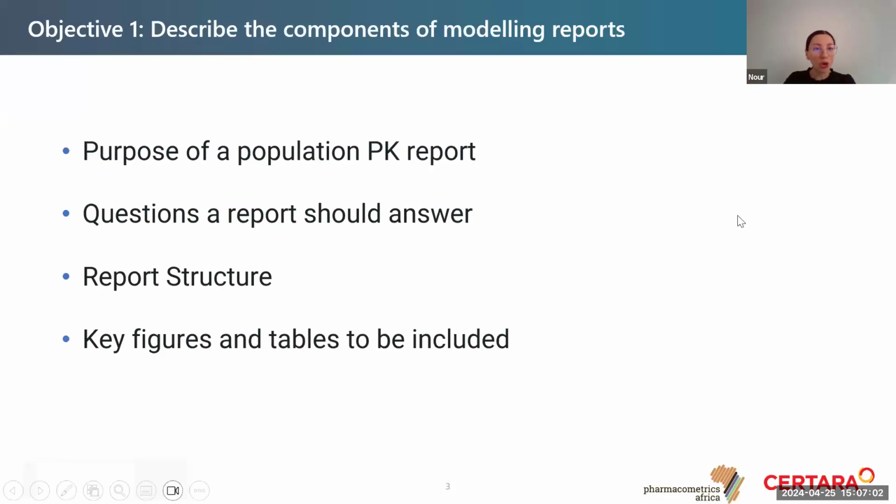So for each objective, or for each recording, we had important points to take home. Let's start with the first one. The first recording was about describing the components of modeling reports. We were supposed to learn the purpose of a population PK report, the questions a report should answer, the report structure, and the key figures and tables to be included.